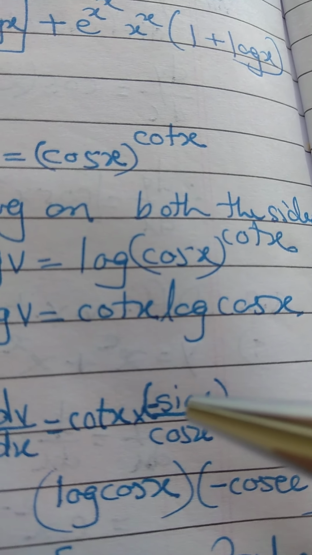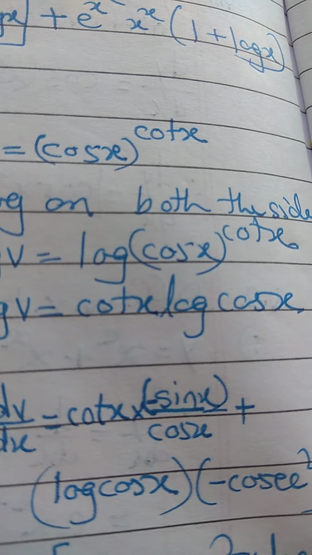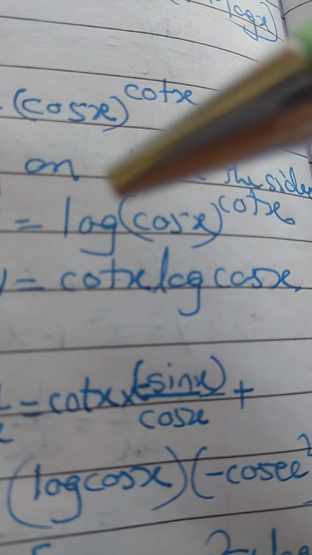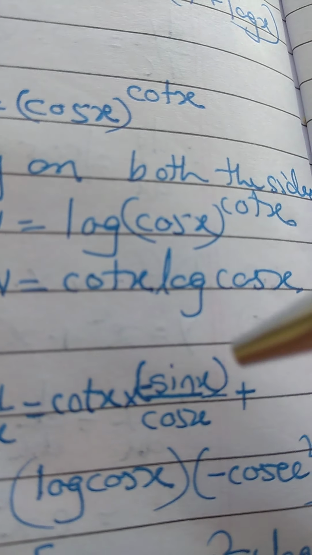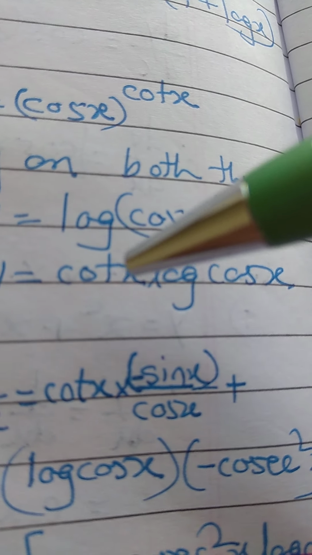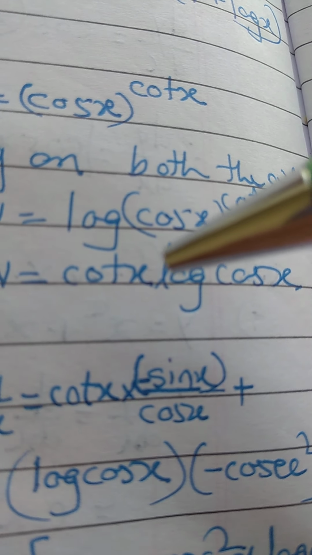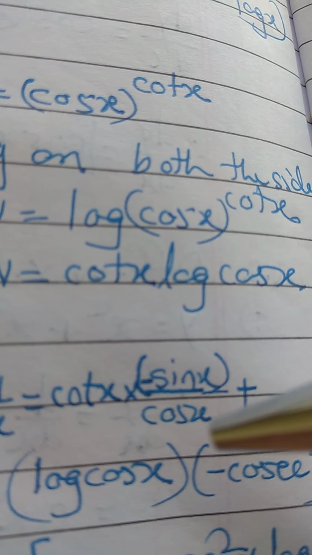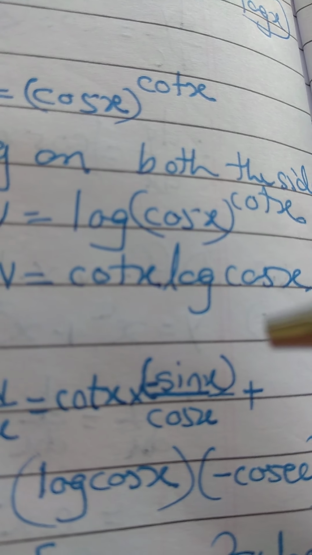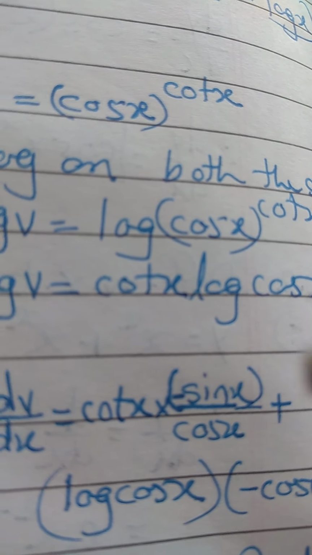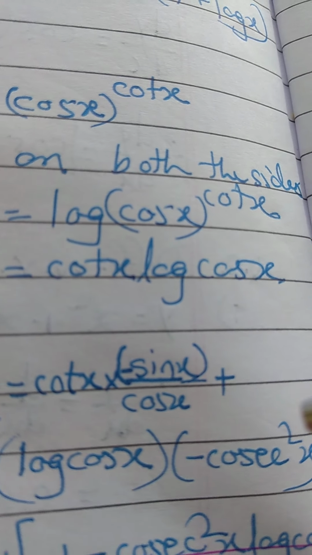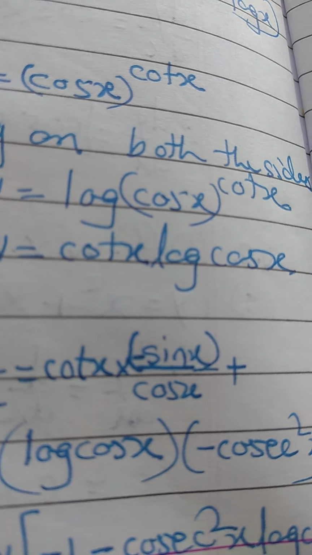Derivative of cos x is minus sin x. Now second function log of cos x as it is, and derivative of the first function cot x is minus cosec square x.